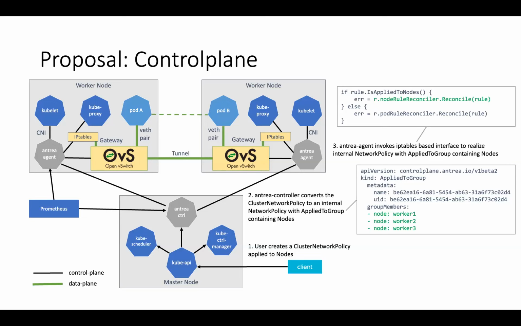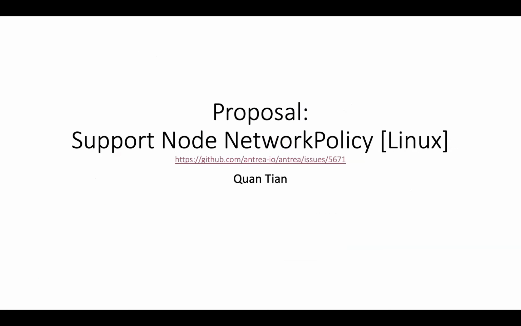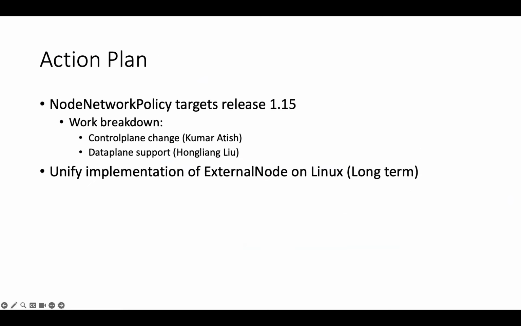So you mean that the feature of host net policy is supposed to be supported only on Linux, at least in Antrea 1.15? Yeah, in this proposal, when I say its target is release 1.15, it means Linux platform support only. Okay, I see. Thanks.